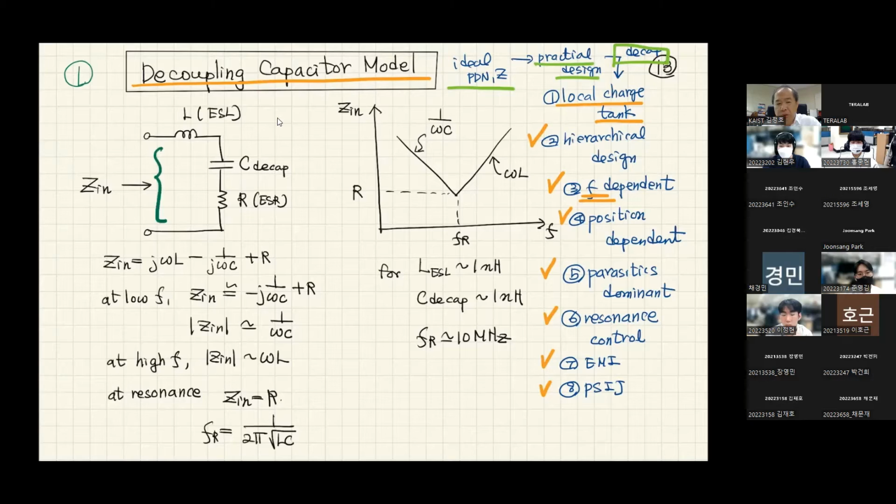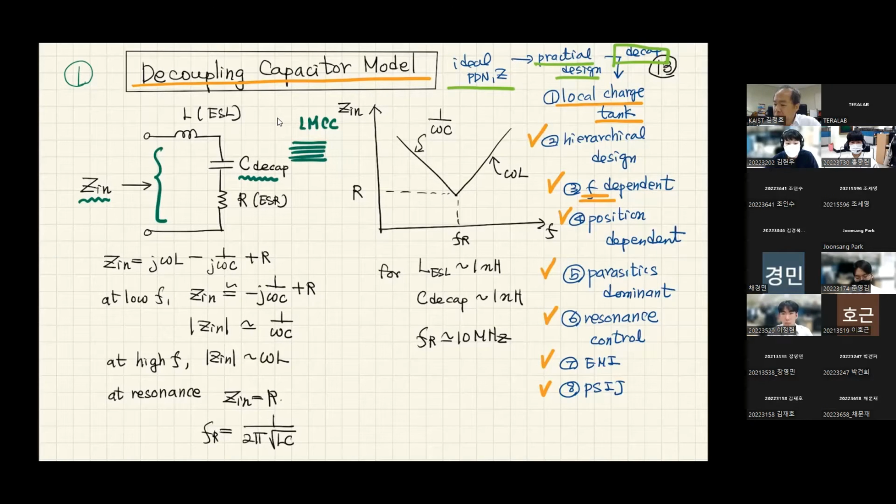If we are measuring the impedance of your decoupling capacitors, it is going to have the capacitor itself. It is going to have multi-layer structures, MLCC, multi-layer ceramic capacitors. There are certain types of capacitors. To increase the capacitance, they usually have multi-layer structures.